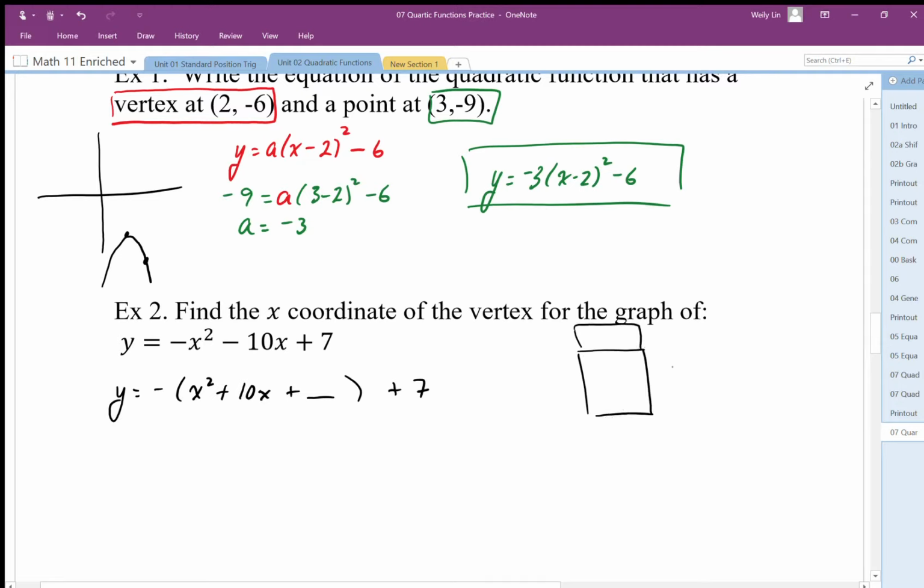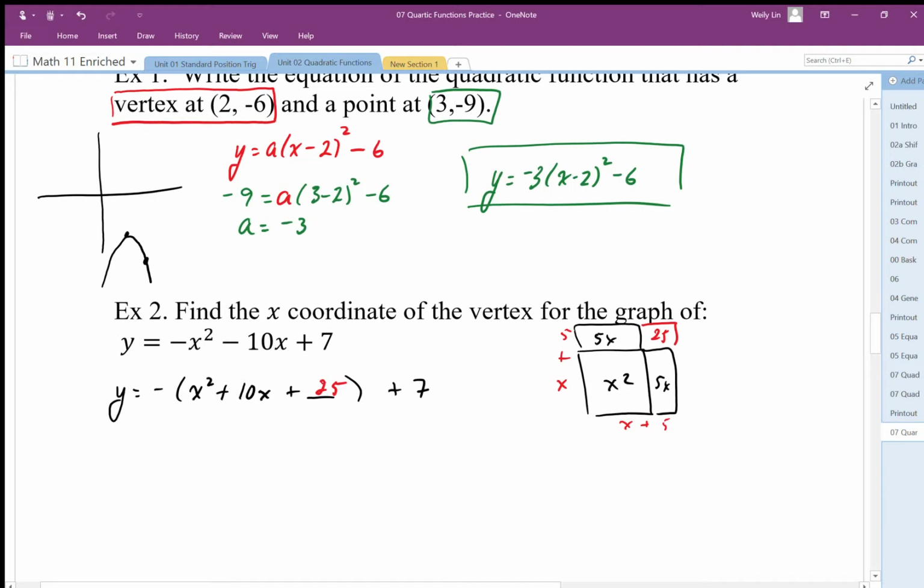So what I now have is x squared, I have 5x here, 5x here. I need to complete this square, or make this shape square. So I have x plus 5, x plus 5. So this must be 25 squares to complete the square. Half the middle squared gives me that last term.